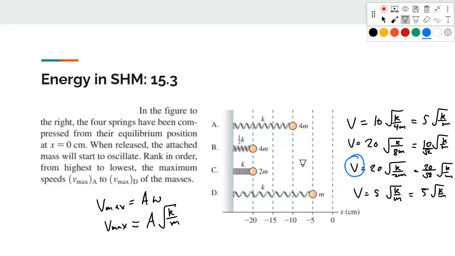I don't remember what it is, but I know it's between 1 and 2, so that's all that really matters here. So just take it to be 1.5 or something. So 20 over 1.5 is going to be bigger than any of these others. And then this would be second, and then these two are equivalent, so they're tied for third.